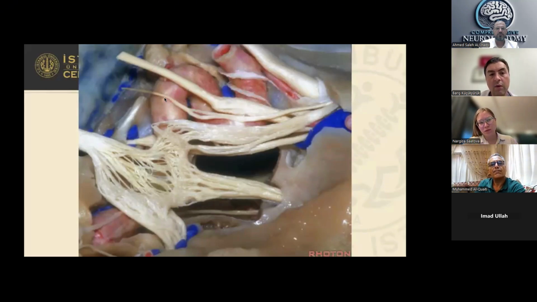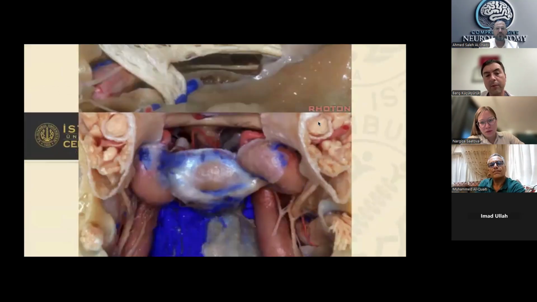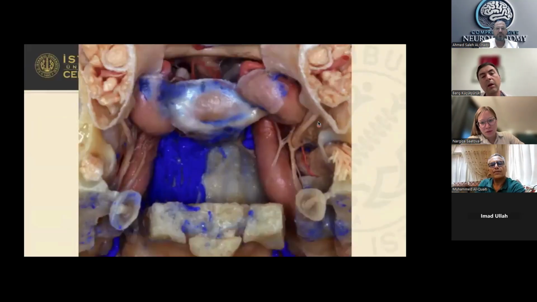So the third nerve, the fourth nerve, the sixth nerve goes more medial to the first division of the fifth nerve. So these four together go to the superior orbital fissure. This anatomy may also be important in today's very extended endoscopic endonasal surgeries, because nowadays you don't go only in a medial route.